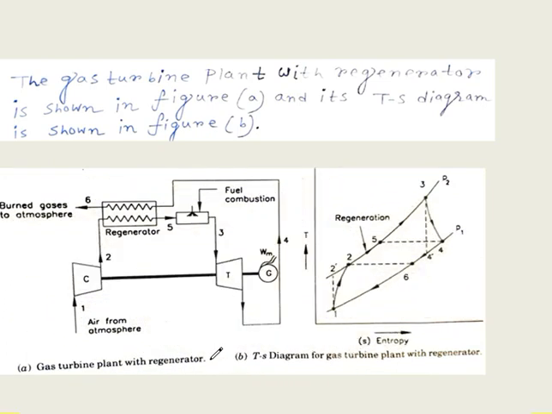I have told earlier, gas turbine plant with regenerator is shown in this figure and corresponding temperature entropy diagram for gas turbine plant with regenerator is shown in this figure.